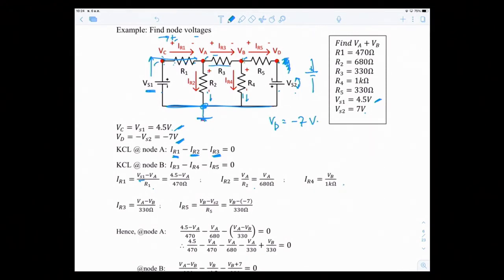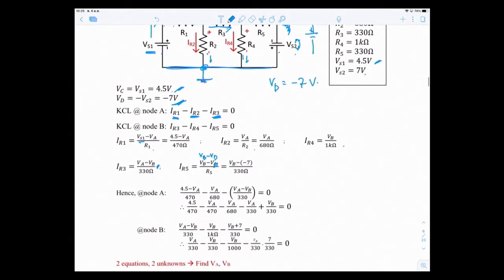IR3: the voltage drop across R3 is the potential difference between VA and VB, so it's VA minus VB over R3. IR5: the voltage across R5 is the potential difference between VB and VD, so VB minus VD. But VD is minus 7, so you get that.